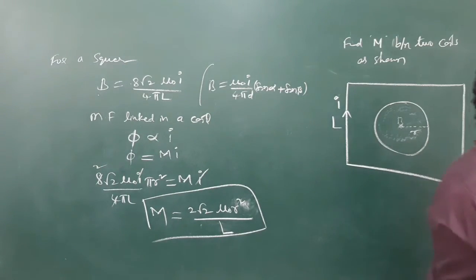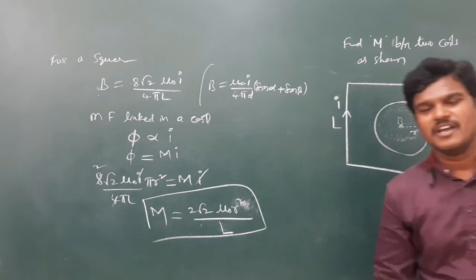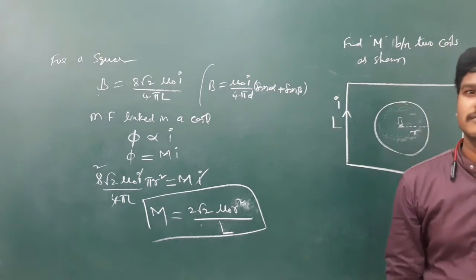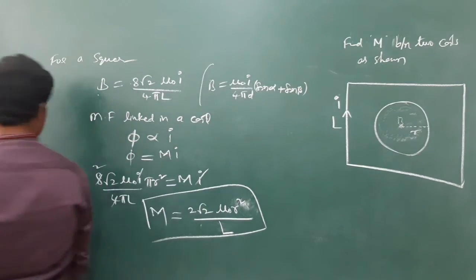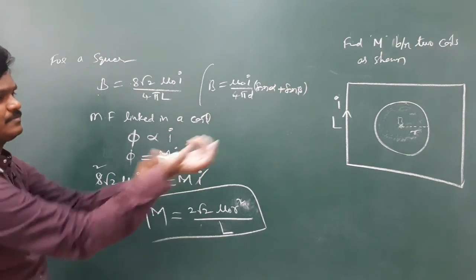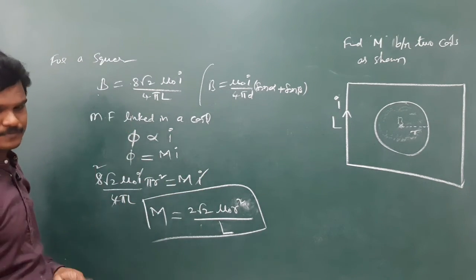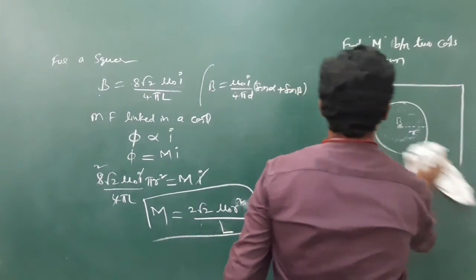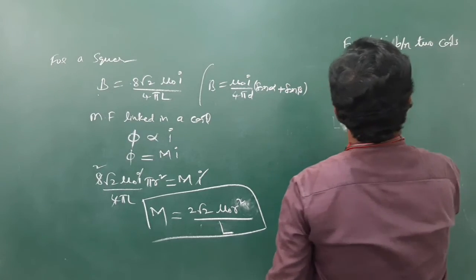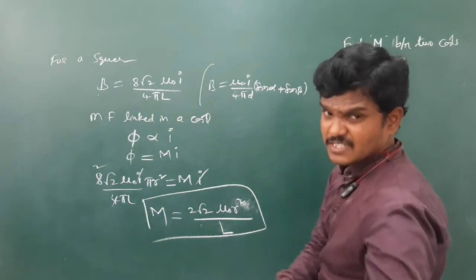Similarly, you try for a triangle inside one circle, hexagonal inside one square. Similarly, you try this one. Recall some formulas from moving charges and magnetism.